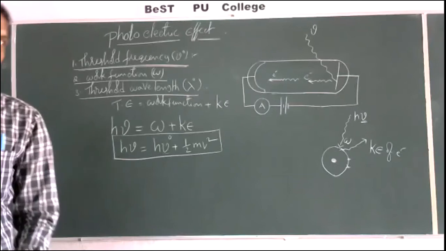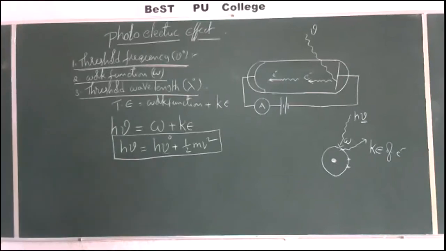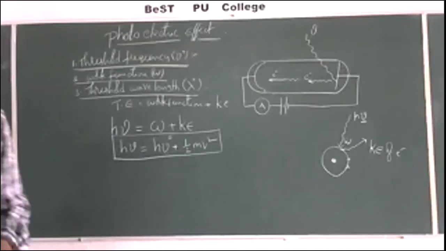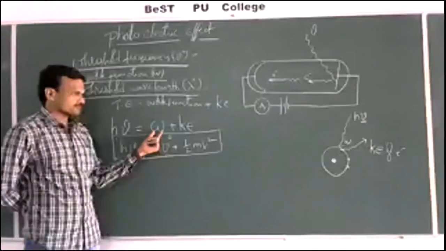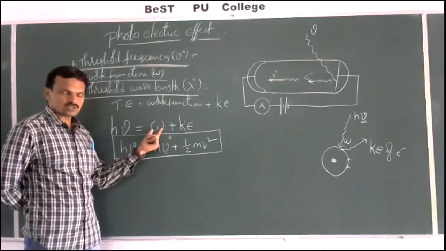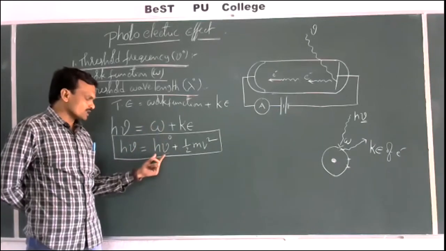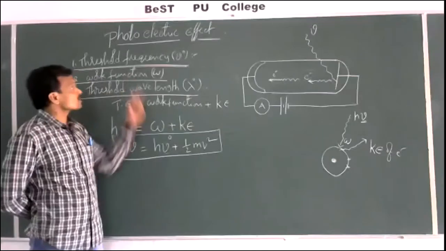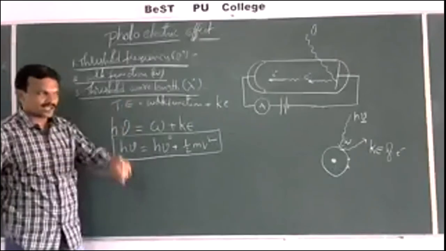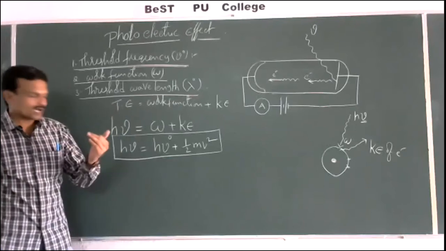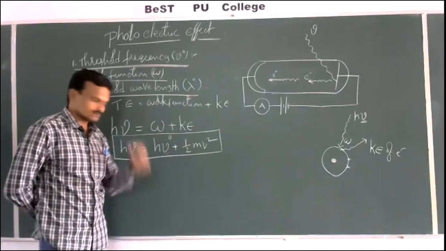Okay. So in the total energy, some amount of energy is utilized for the ejection of the electron, which is known as work function. That work function is equal to the energy corresponding to threshold frequency, h nu naught. The remaining energy is converted to the kinetic energy of the ejected electron.